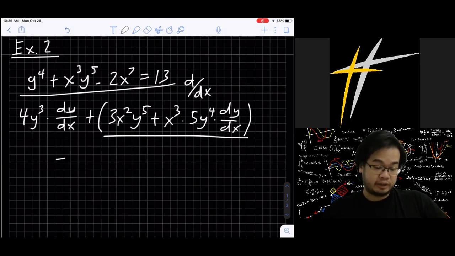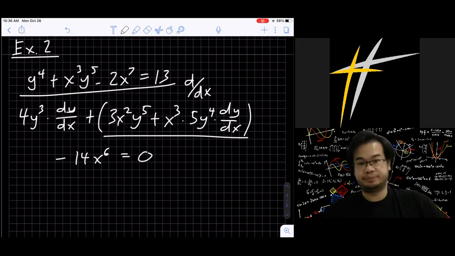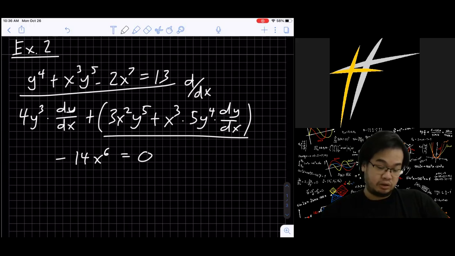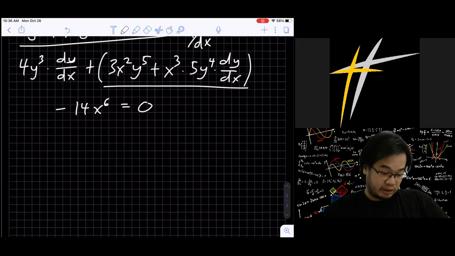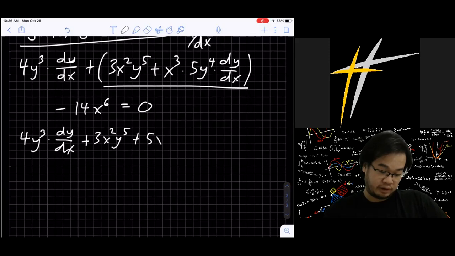Minus 2x power 7 with respect to x, so it's basically 14x power 6, equals 13, whose derivative is 0. The derivative of 13 is 0. If I open the parentheses, then I will have 4y cubed times dy dx plus 3x squared y power 5 plus 5x cubed y power 4 dy dx minus 14x power 6 equals 0.